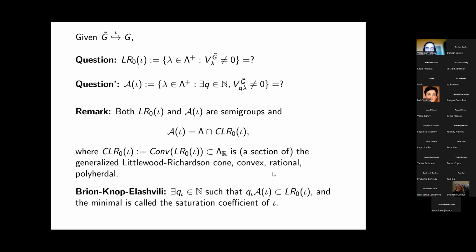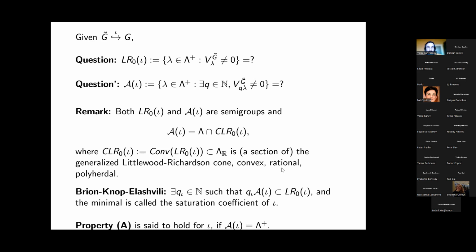And the minimal such will be called the saturation coefficient. So this is a matter of saturation for some cone, a lattice cone, rational polyhedral convex cone called the generalized Littlewood-Richardson.